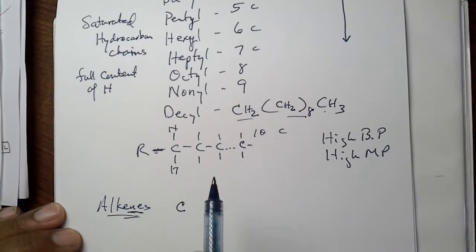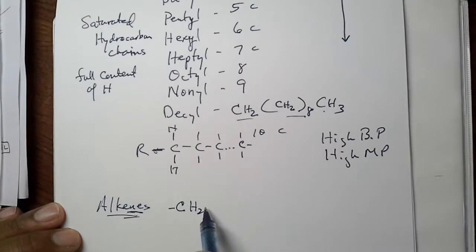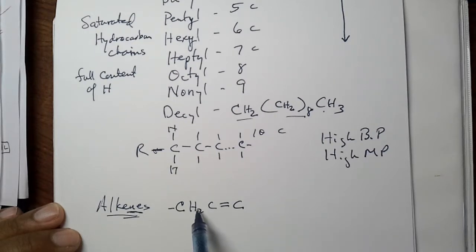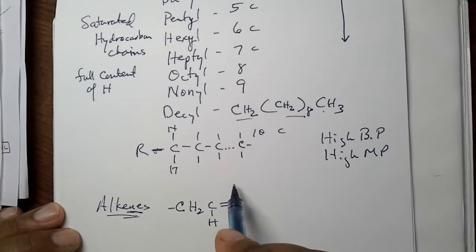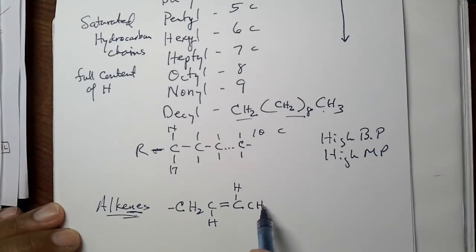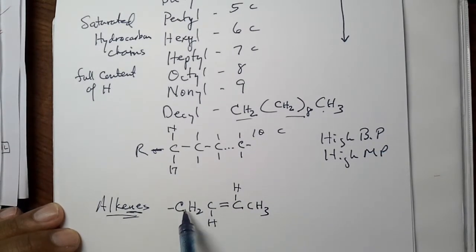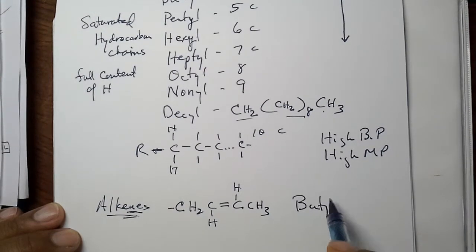And if I draw a propyl, CH2, C, double bond, C, that's 1, 2, 3, there is an H on it, CH3, 1, 2, 3, 4 carbons, this would be a butyl, and with the double bond, we call this butene.